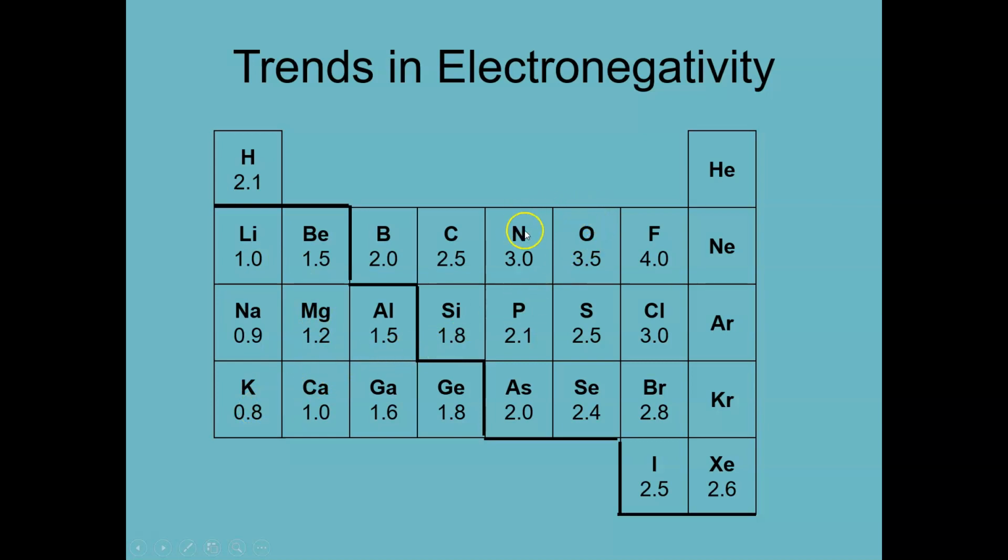And nonmetals all have relatively high electronegativities, and nonmetals tend to gain electrons. And then the metalloids along the stair step have intermediate electronegativity values.